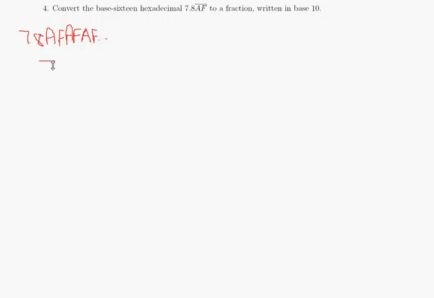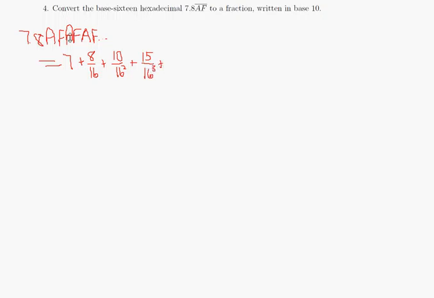Now that is equal to 7. Now because this is base 16, that's 8 over 16 plus 10 over 16 squared, because A is 10, plus 15 over 16 to the third.